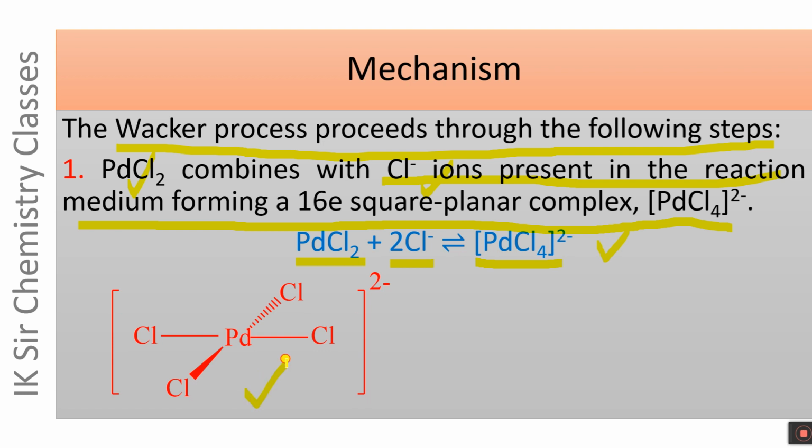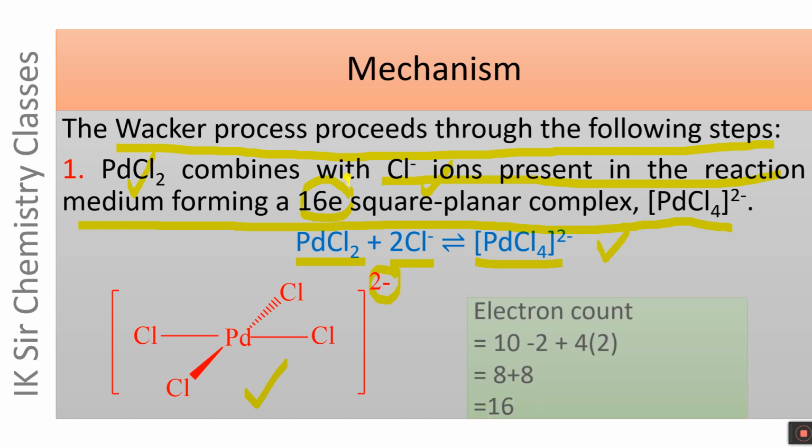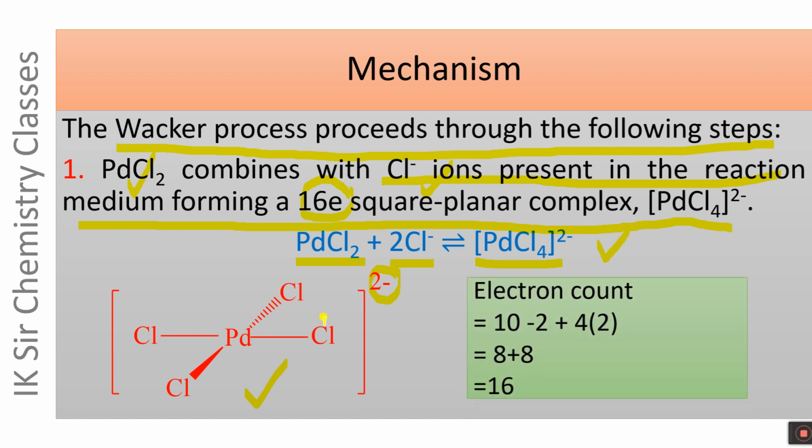Like this, 2 negative charge is present on the coordination sphere. Its IUPAC name will be tetrachloropalladate(II), and its electron count is equal to 16. How the electron count comes to be 16 we can calculate here. There are 10 valence electrons in palladium atom, minus 2 for +2 oxidation state.